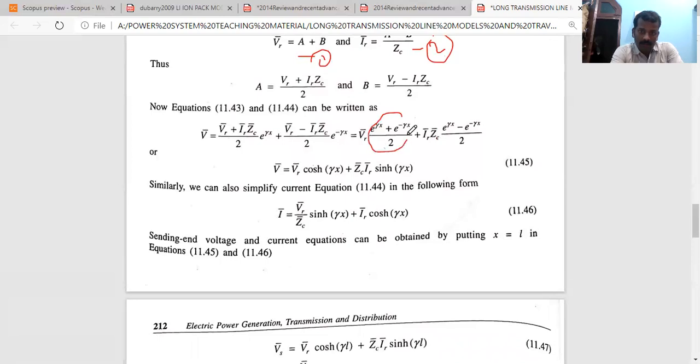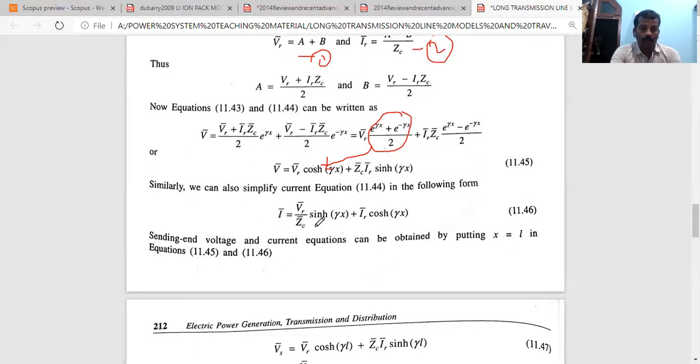This section is equal to cos hyperbolic, right? And e to the power gamma x minus e to the power minus gamma x by 2 is equal to sin hyperbolic gamma x, right? You have to remember this formula.